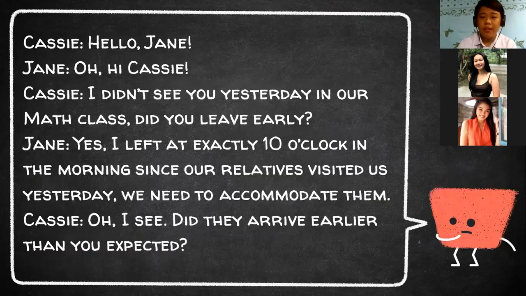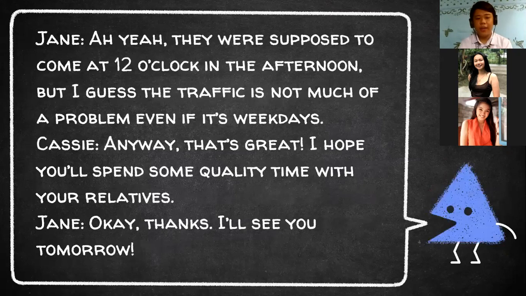So here, what do you think is a time frame? At exactly 10 o'clock and 12 o'clock. Okay, so 10 o'clock and 12 o'clock. Based on what you have stated, what do you think is the preposition of time involved in this conversation?